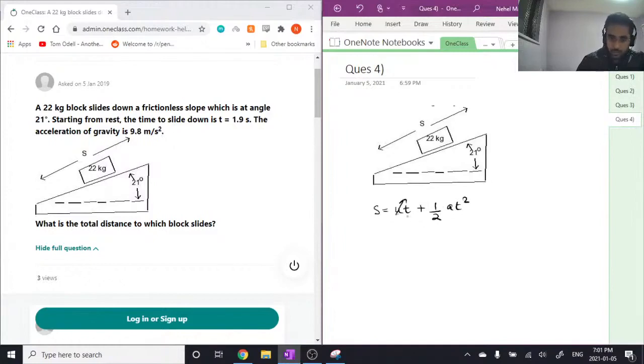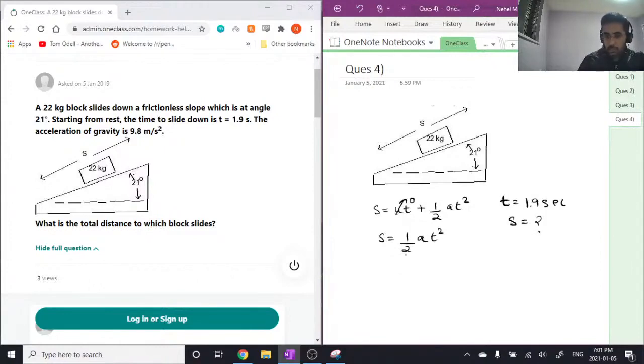Since the initial velocity is 0, this term goes away and we're left with half at squared, where a is the acceleration, t is the time. We know that time is equal to 1.9 seconds and we need to solve for s.